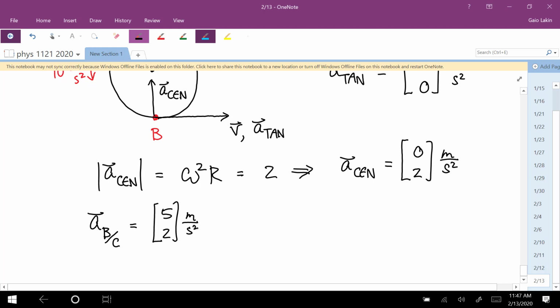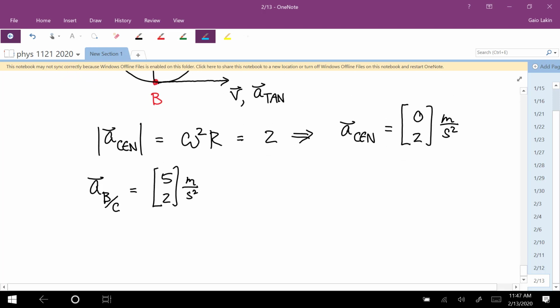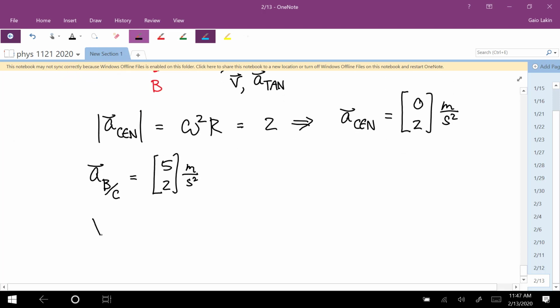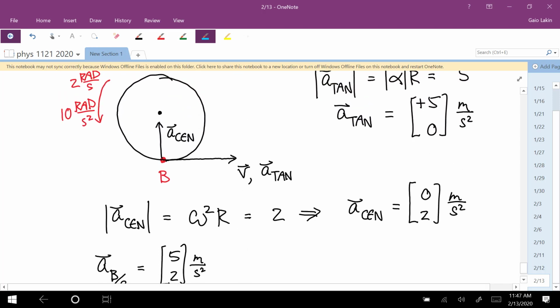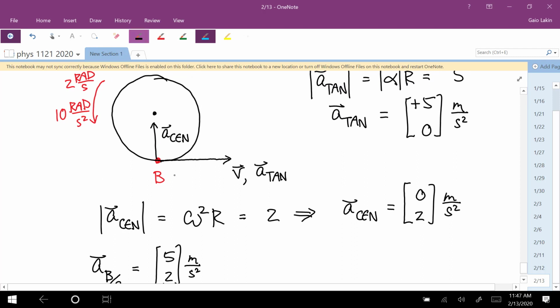And let's figure out the velocity vector too. The magnitude of the velocity is the absolute value of omega times r. So that's 2 times 1/2, so 1. And the velocity is in the positive x direction.